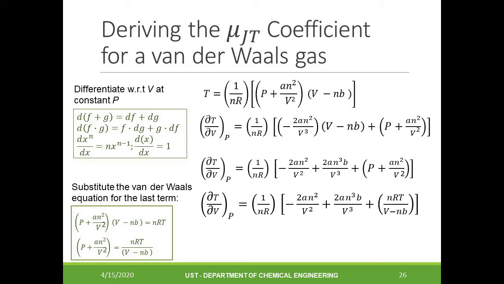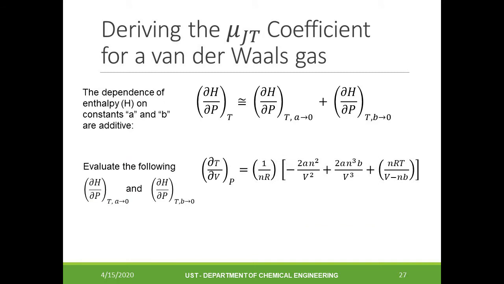We can also express the last term, P plus an squared over V squared, as nRT over V minus nb. We can derive this easily from our van der Waals equation. So finally, we have three terms inside the bracket, and we are now ready for the next steps of our derivation.